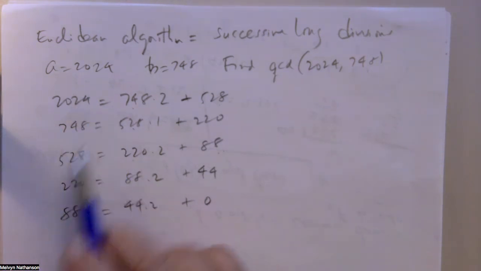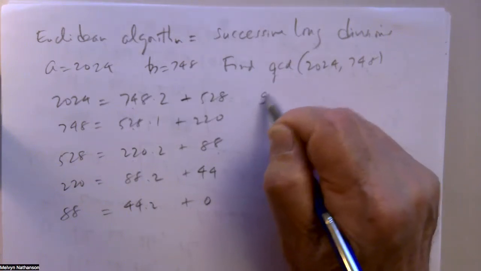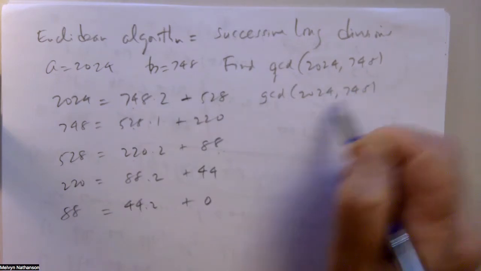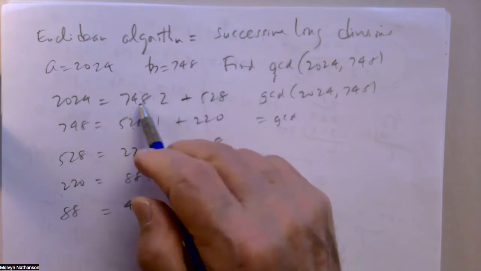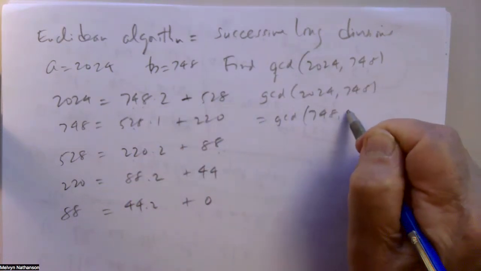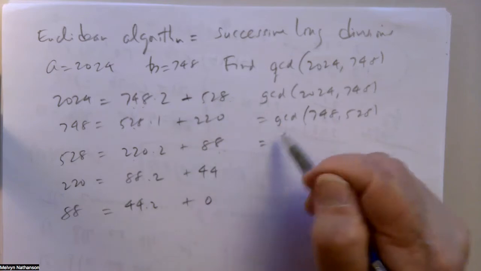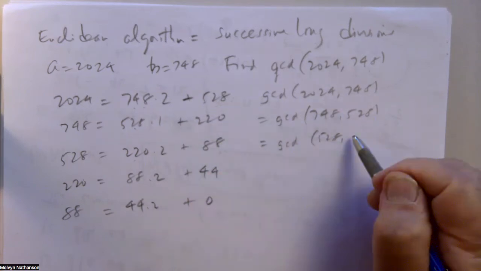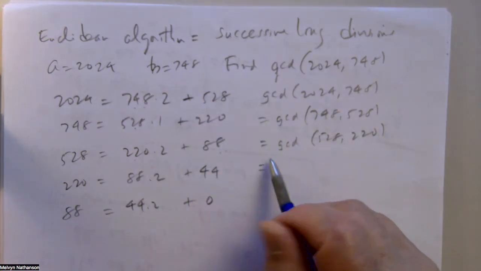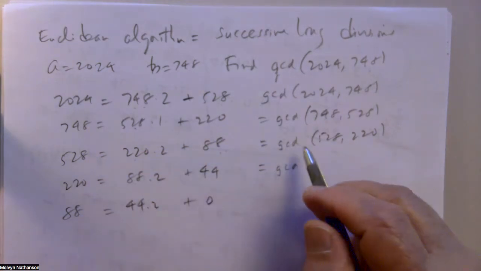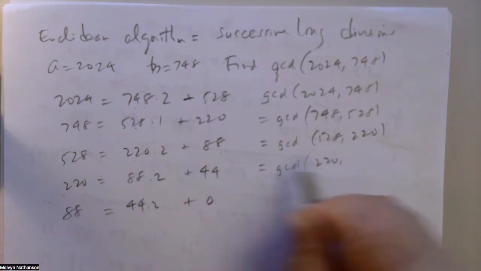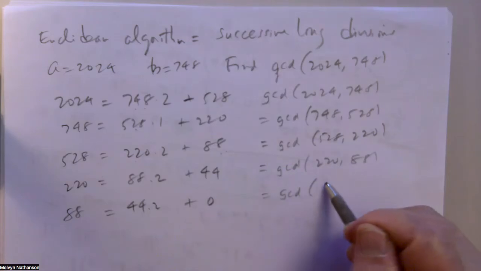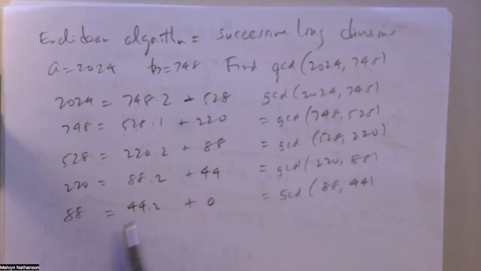Now, if you look at this chain of equations, you see that the GCD of 2024 and 748 is the same as the GCD of 748 and 528, which is the same as the GCD of 528 and 220, which is the same as the GCD of 220 and 88, which is the same as the GCD of 88 and 44.